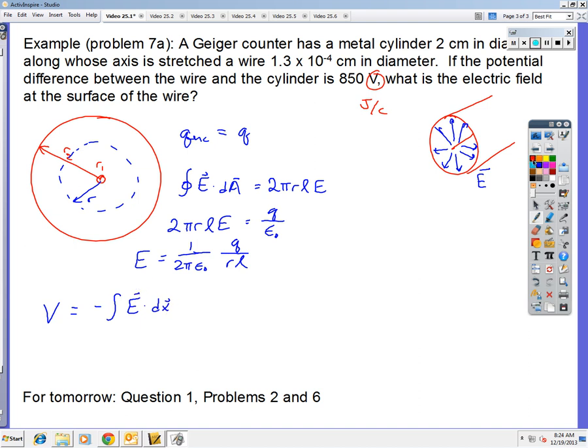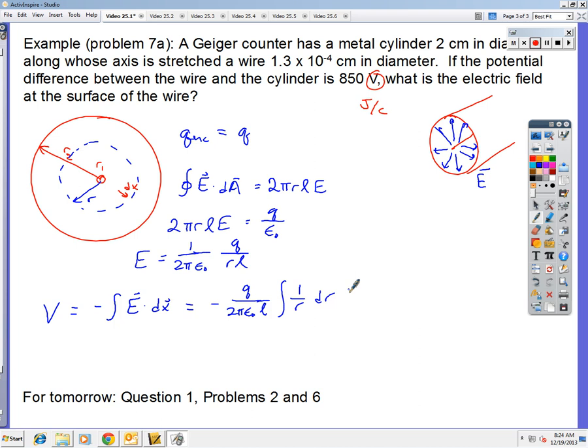And in this case, we'll say that dx points in the R direction. So the dot product goes away, and we can pull all the constants out of the integral. Q over 2 pi epsilon 0 L times the integral of 1 over R dr.